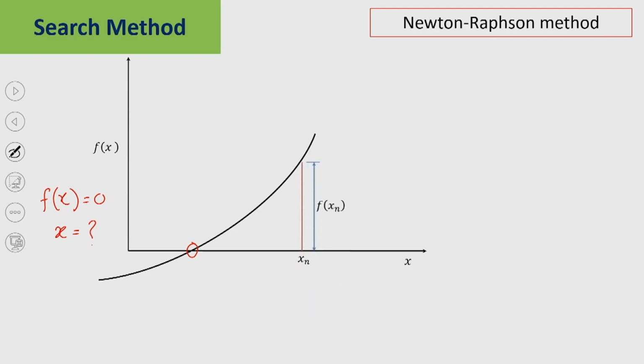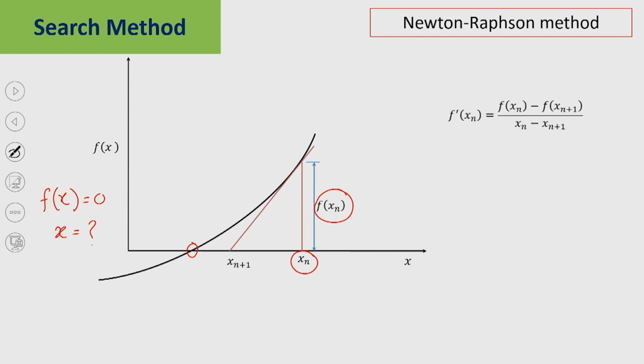Suppose I take an initial point x n, and the value there is f of x n. Then I approximate the gradient at that point.